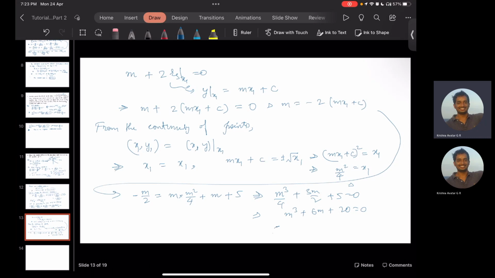So therefore m is equal to minus 2 plus minus 3. So this is not valid.